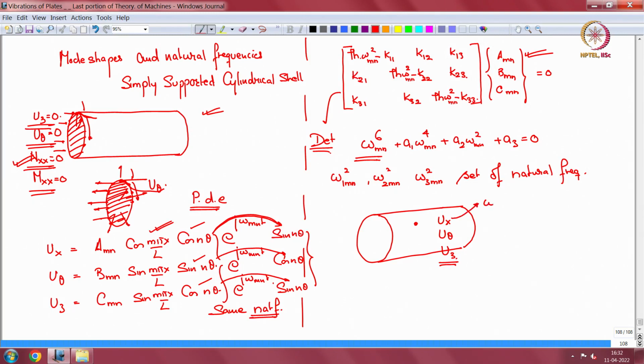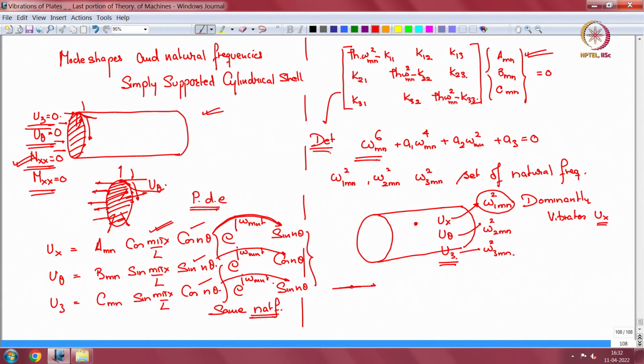This could be omega 1 mn, this could be 2 mn, this could be 3 mn. That means, with this set of natural frequencies, the shell dominantly vibrates with axial movement. For every point the dominant movement is axial.